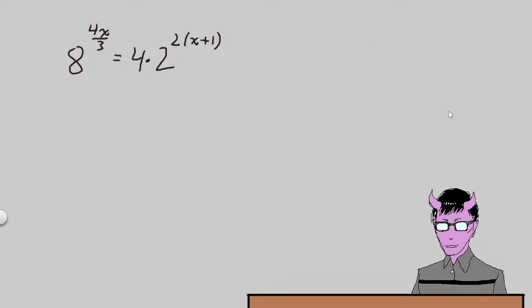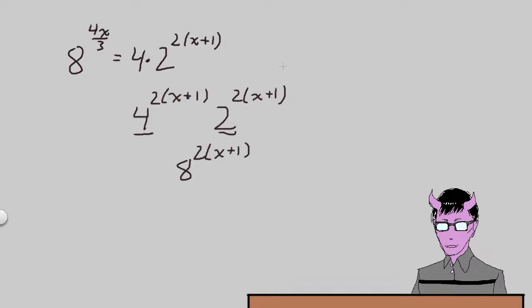Alright, let me show you the situation where you can multiply the bases together. If this had instead been 4 to the power of 2 times (x plus 1), copy paste. This is a situation where you can multiply this base times this base, and you're going to get 8 to the power of 2(x plus 1). And it might feel like a new rule, but it is not. It's just simply factoring, distributive property of exponents in reverse.